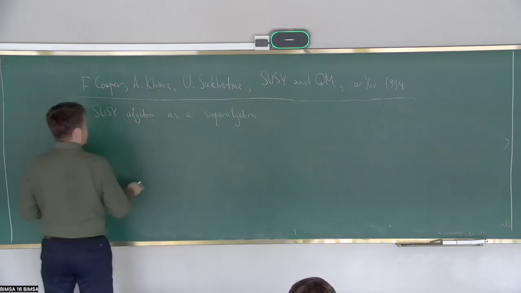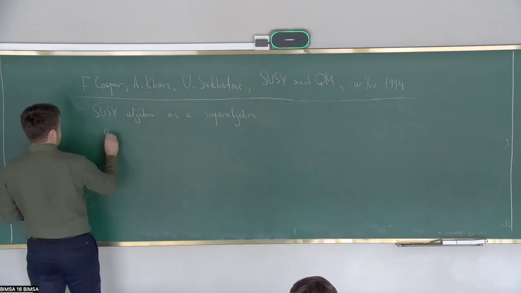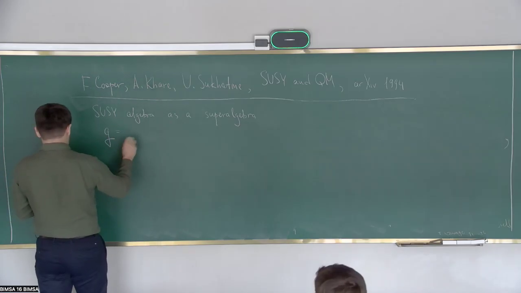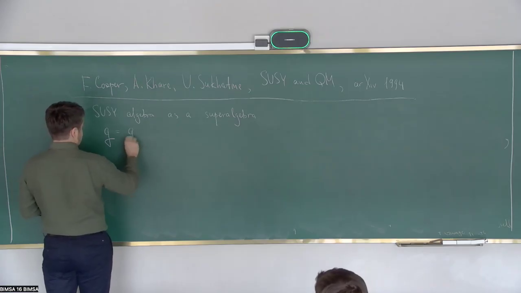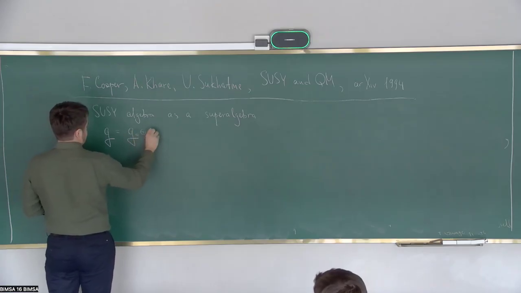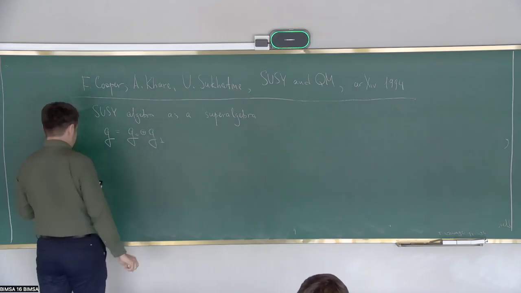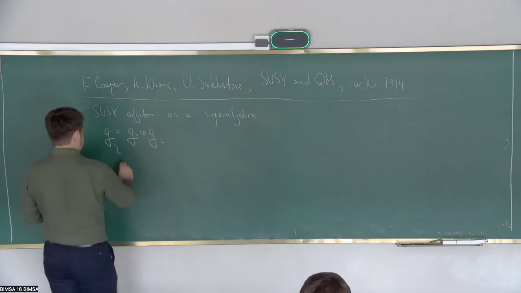A super algebra is some vector space called G. That means what is known as a Z2 grading. So it's a vector space with a Z2 grading.